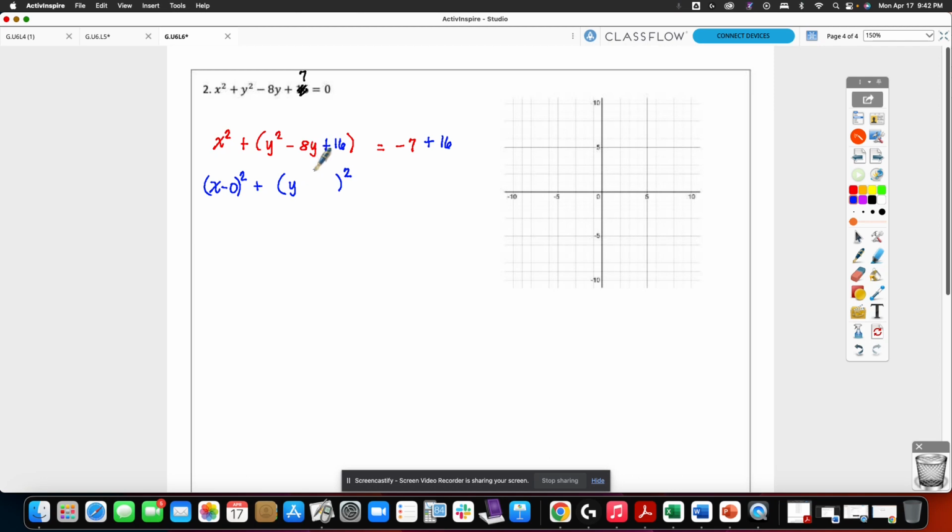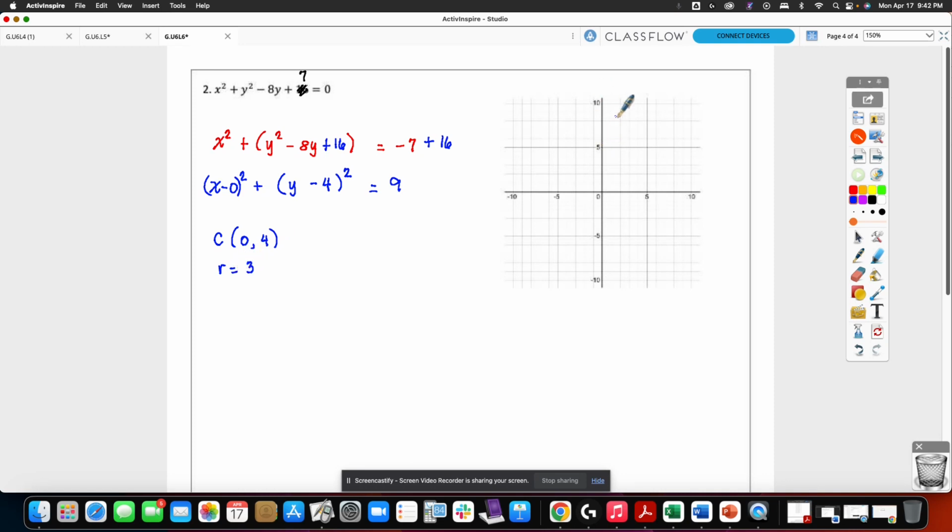And then negative 8 divided by 2 is negative 4. So you have y minus 4 squared. On the right-hand side, negative 7 plus 16 is positive 9. Okay? So from here, we get the center at 0, 4, and the radius is equal to 3.